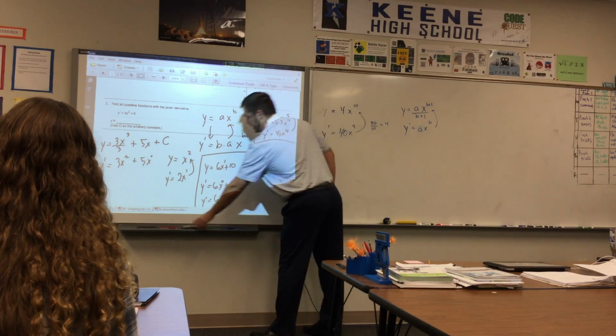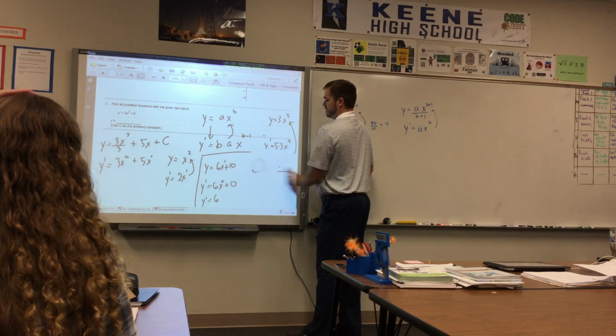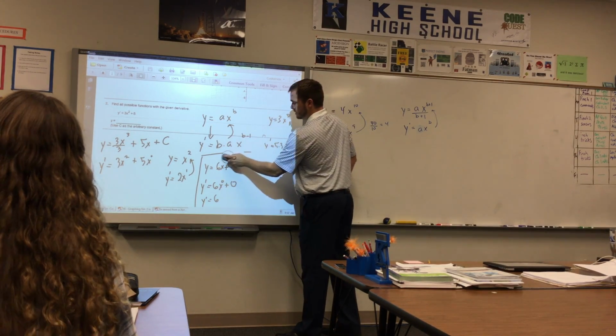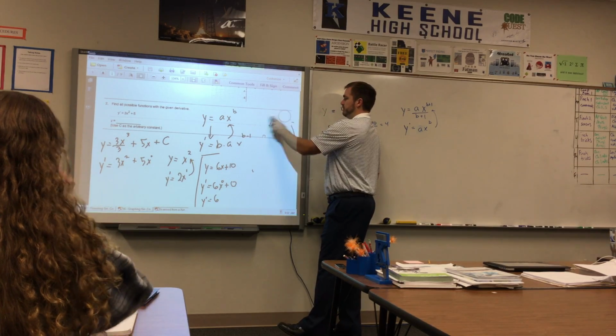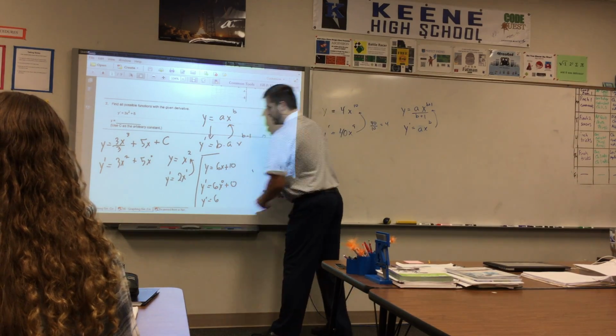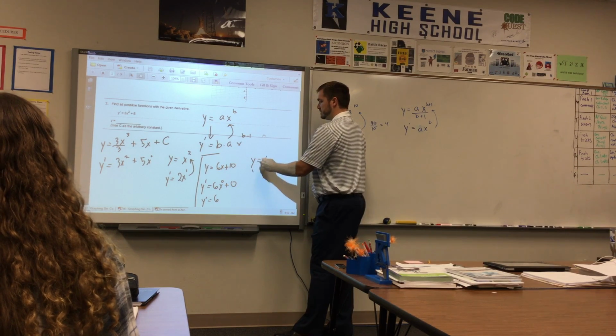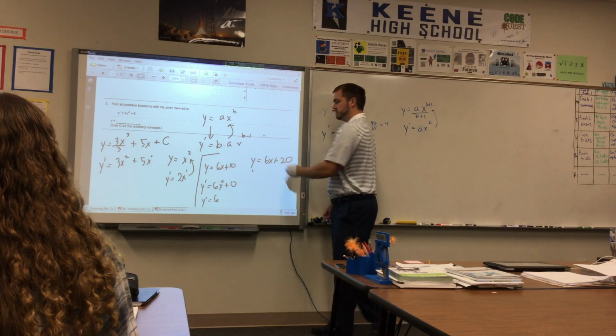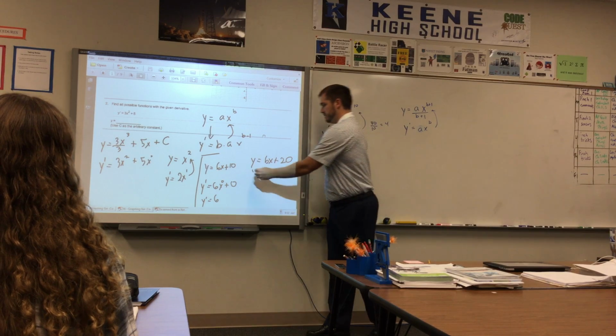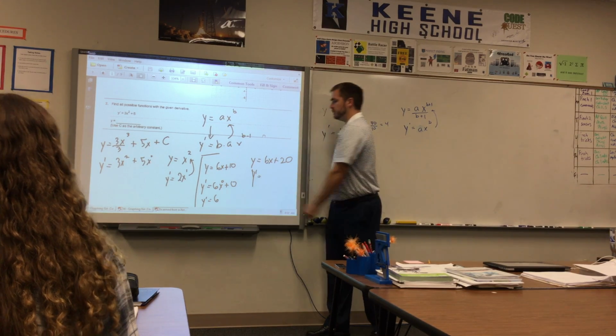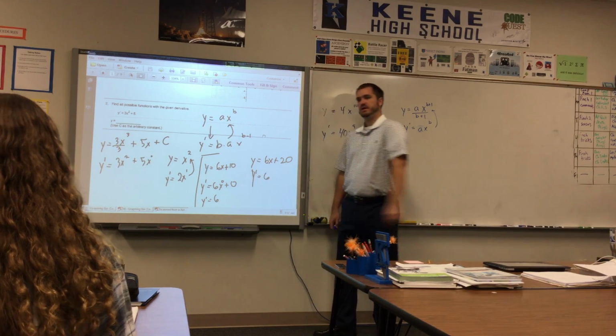Okay? It gets interesting when you think about this. And this is why you have to have that plus c. What if instead of that I had y equals 6x plus 20? The derivative would be y prime equal to 6.